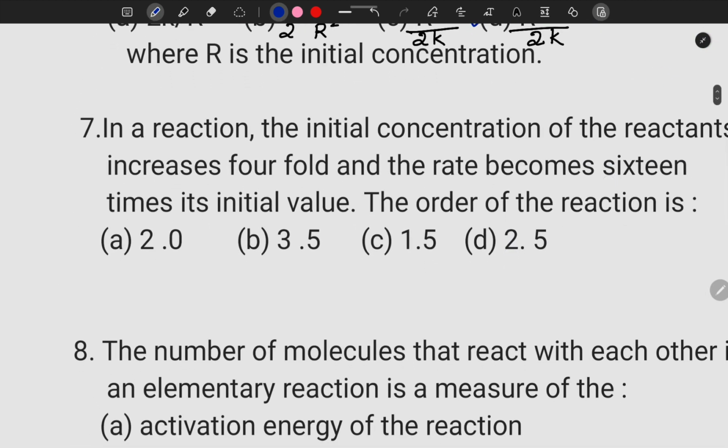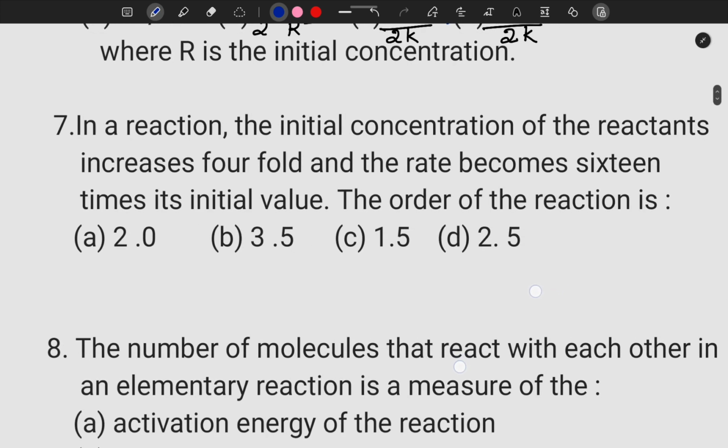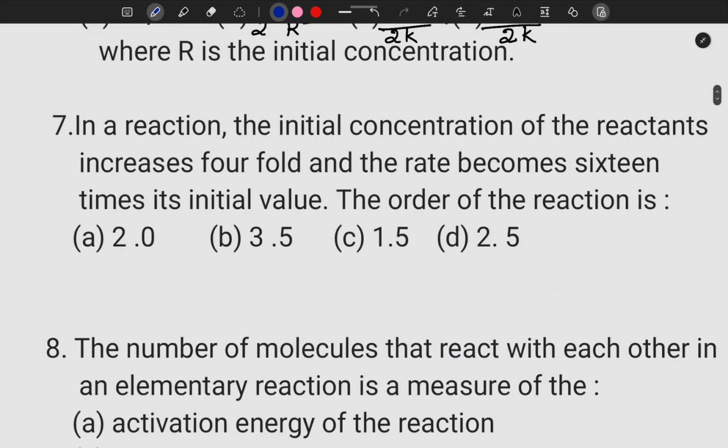In a reaction, the initial concentration of the reactants increases fourfold and the rate becomes 16 times its initial value. What is the order of the reaction? Generally we can write the rate law equation, rate equal to k into concentration of reactants raised to n. Here it's mentioned the concentration of the reactant increases fourfold.